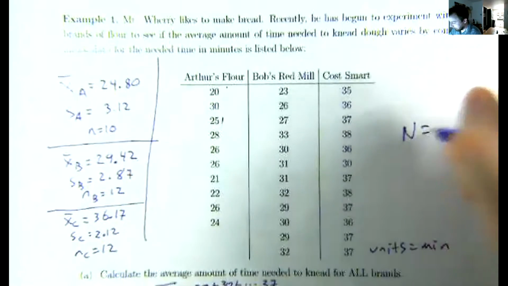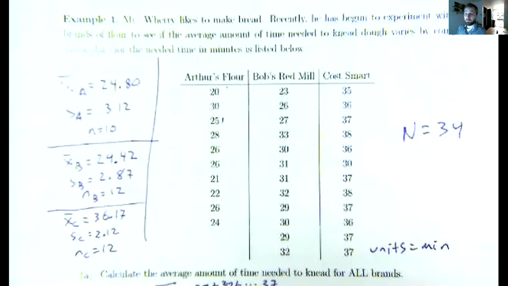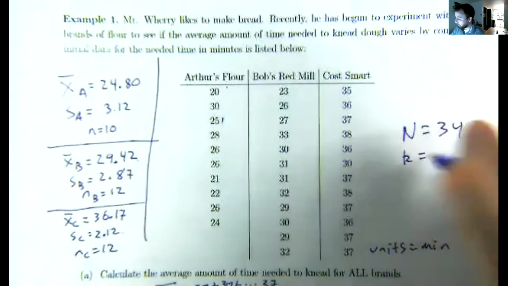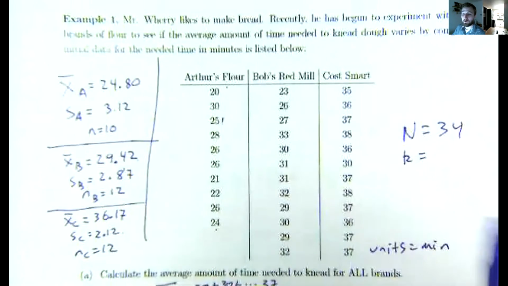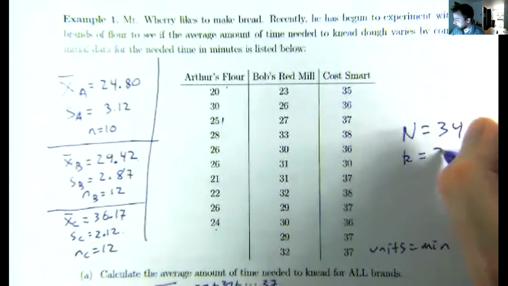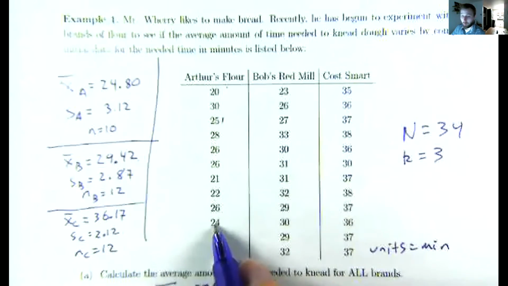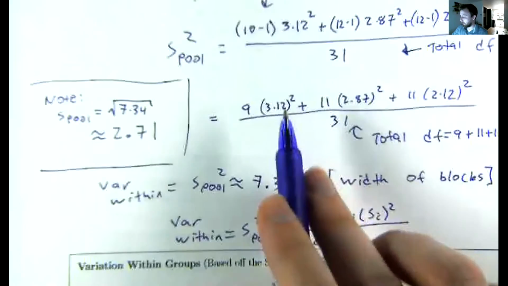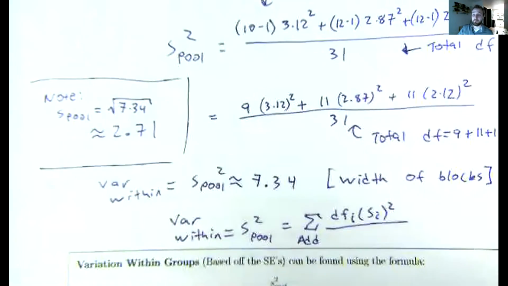I started out with, what is that, 34 values. Now, when I'm combining the degrees of freedom, I'm taking away one for each of the groups. So I took away from this 34, one from the first, one from the second, and one from the third. I've subtracted 1 three times there.